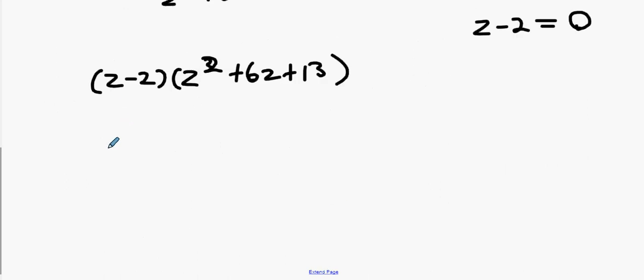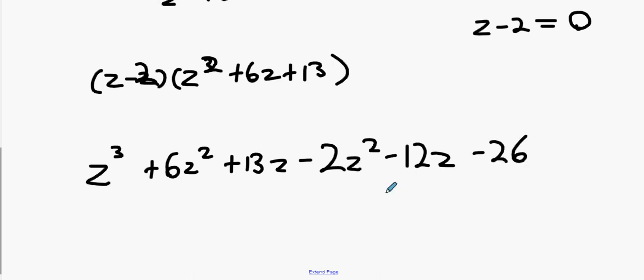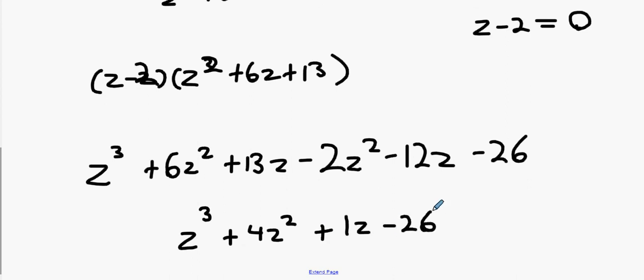What we should get here is z cubed plus 6z squared plus 13z, minus 2z squared minus 12z minus 26. Is that alright?